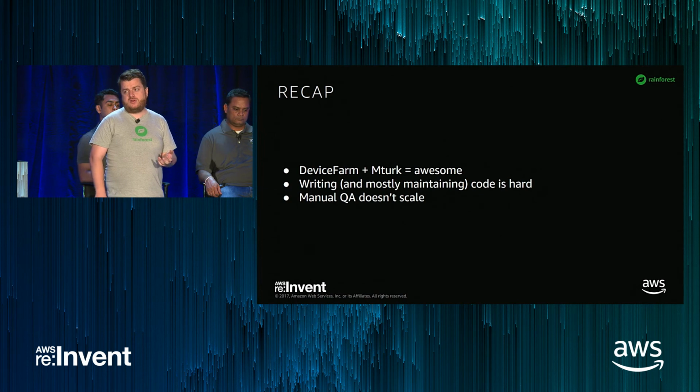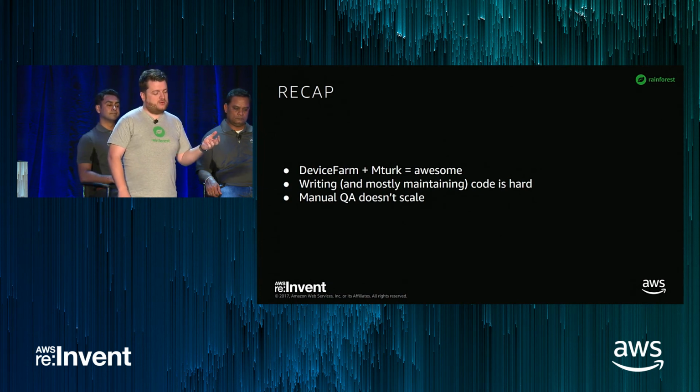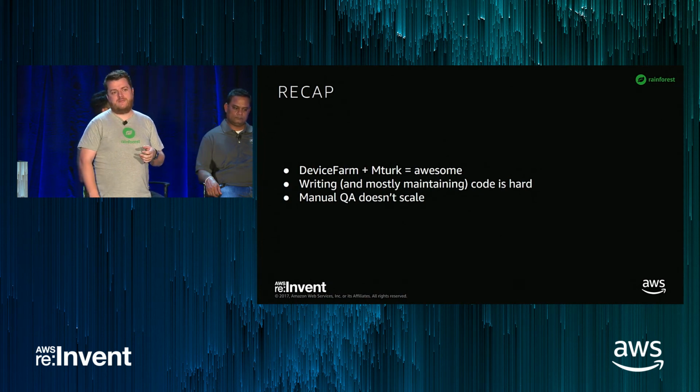Writing and maintaining code is generally hard, but also so is scaling manual QA. If you're having problems with either of these things, then you should definitely check out Rainforest QA, because we sit somewhere in the middle of both. We're fast, so 30-minute kind of turnaround time, and then the tests are much easier to maintain because they're plain English rather than code, so slightly less brittle.